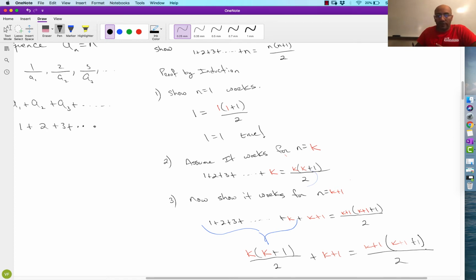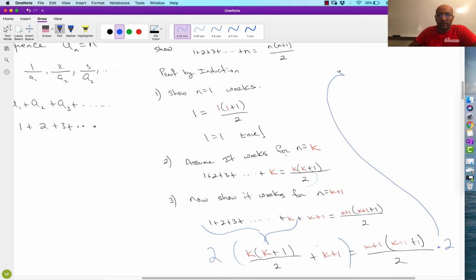Good? Okay, so now I'm going to multiply the numerator and denominator of this fraction by a 2, to get everything underneath with a 2. Or likewise, I could multiply everything by 2. I feel like I'll do that instead. So I'm going to multiply everything on this side by a 2, distribute, and then multiply this side by a 2.